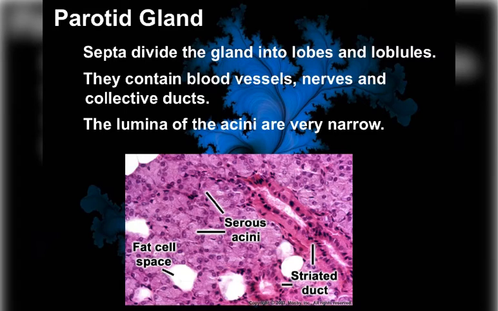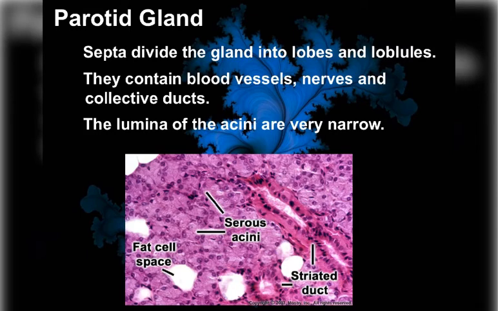The lumina of the acini are very narrow. Here, in case of the parotid, you can call them acini, because almost all the secretory end pieces are serous and they are spherical in shape.